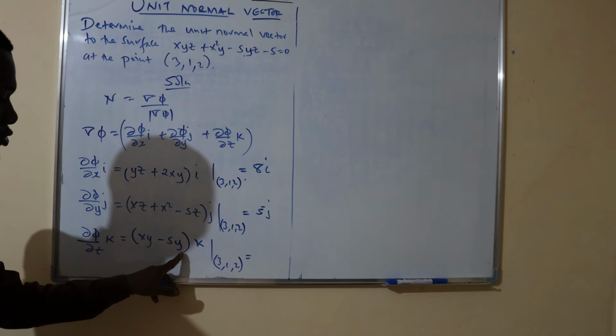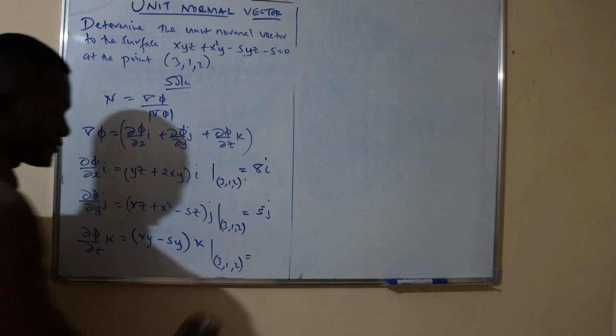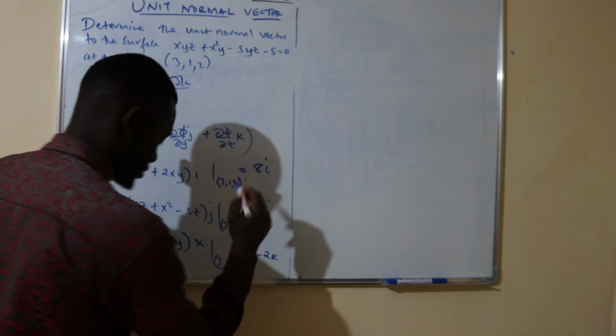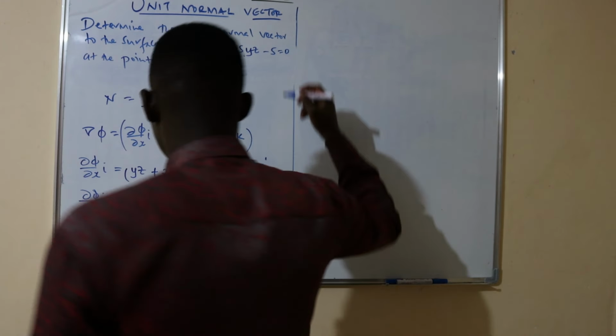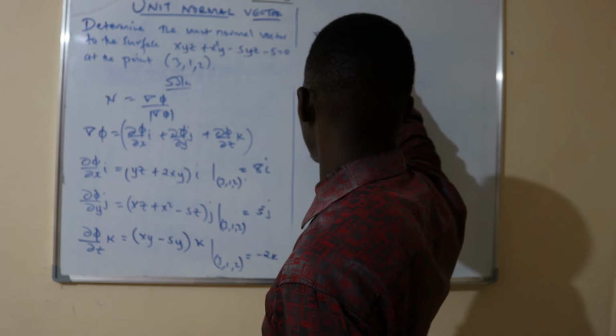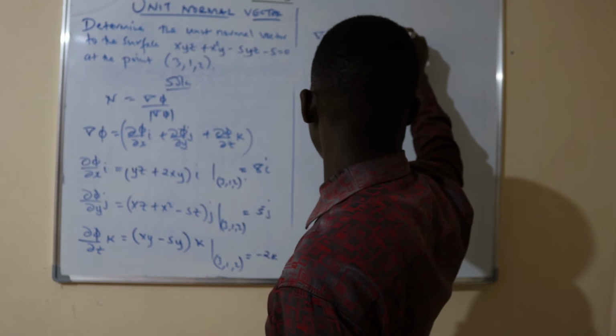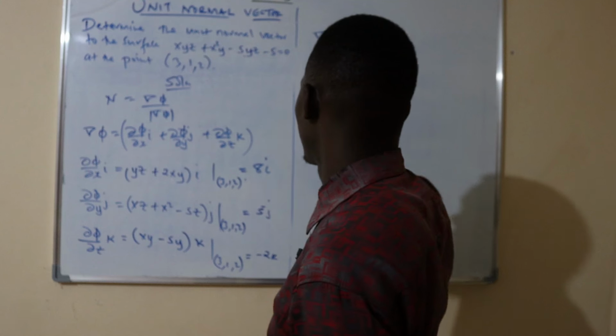Then 5 times 1, which gives you 5. So 3 minus 5 gives you negative 2k. Therefore, your grad will be given by 8i plus 5j minus 2k.